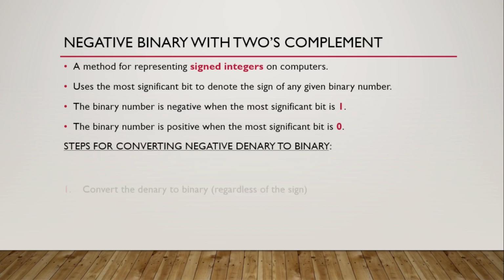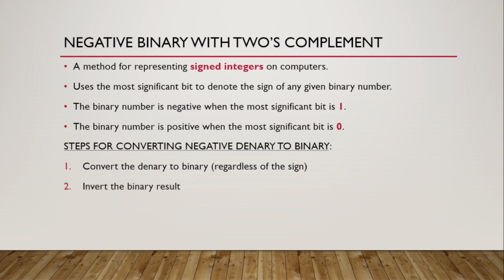The steps are simple. You convert the denary to binary regardless of the sign and invert the binary result. Then add 1 to the least significant bit of the inverted binary. The result is what you seek.